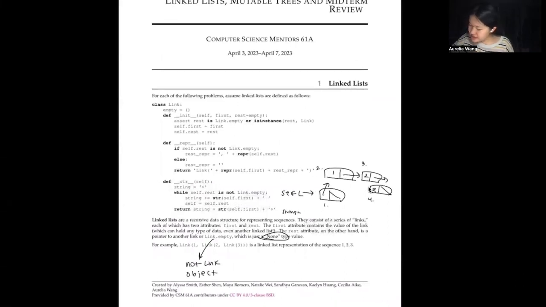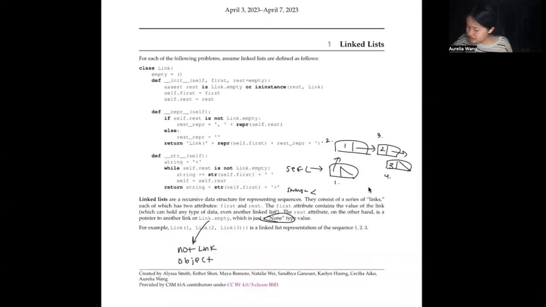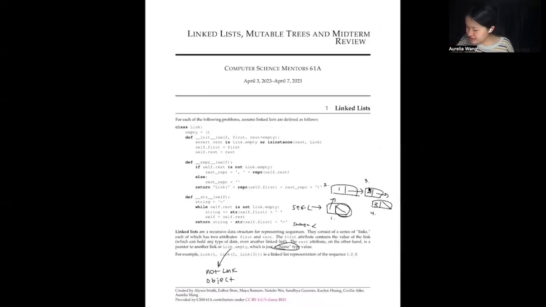So let's redo this again. The string starts with a bracket, as we know, and while self.rest is not link.empty. Self.rest is link.empty, as we can see here. So we're going to append the string representation of self.first, which is all of this. So we're going to recursively call this function again to flesh all the nested objects out.